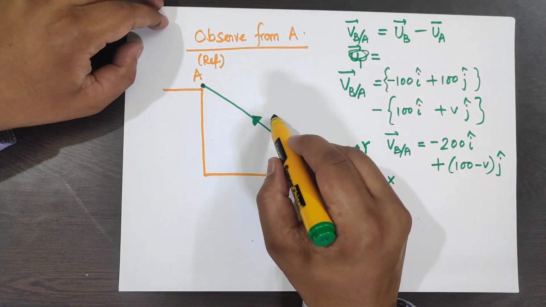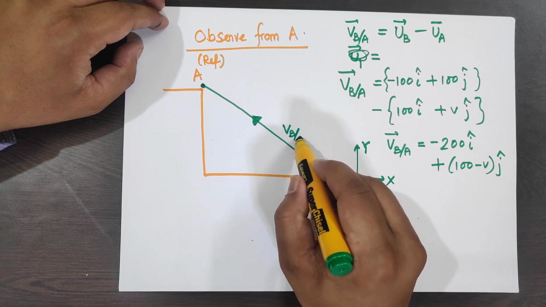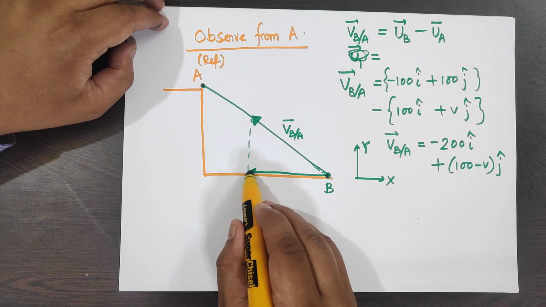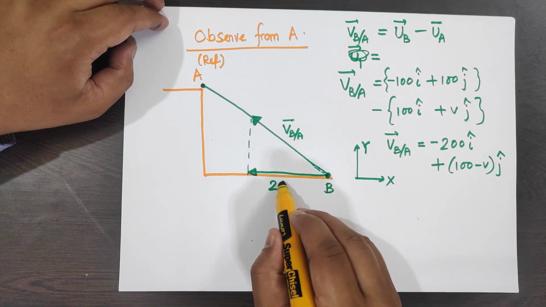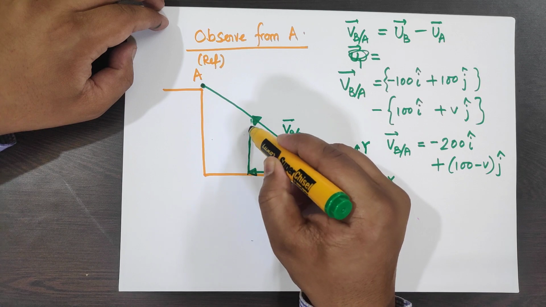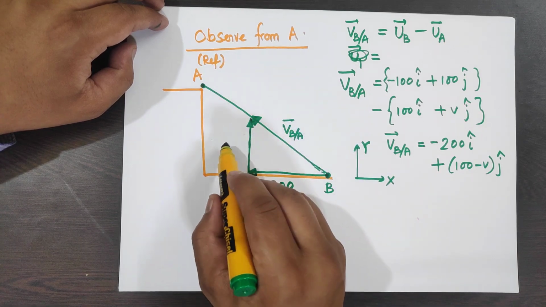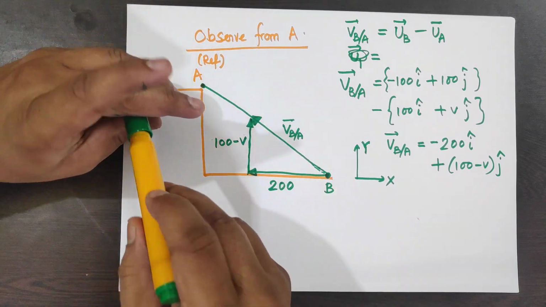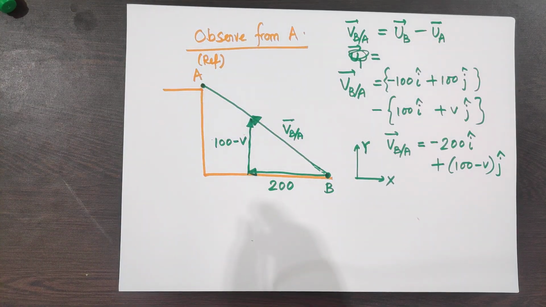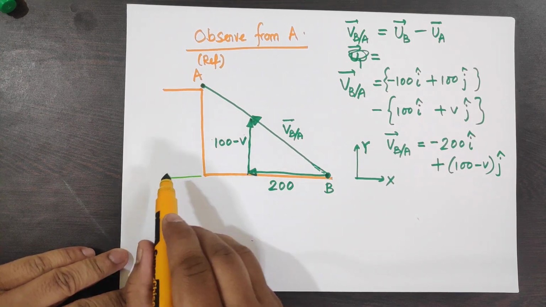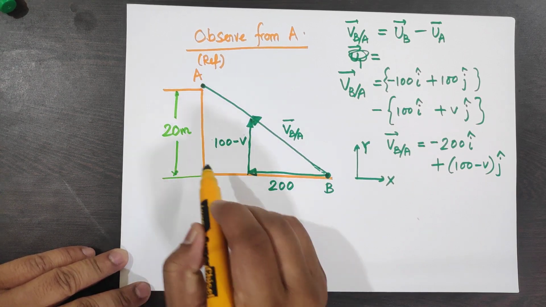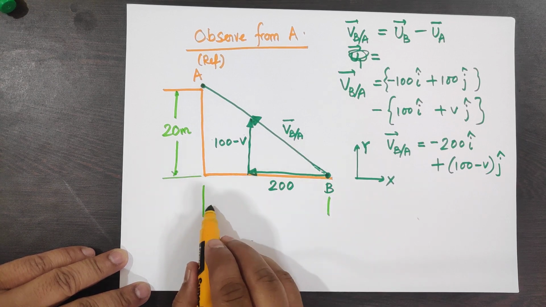So that's a vector VB with respect to A. So this component happens to be 200 this way, minus 200 means 200 this way, and this component happens to be 100 minus V, and what about this distance was 20, this distance was 20 meter, and this distance is 30 meter.